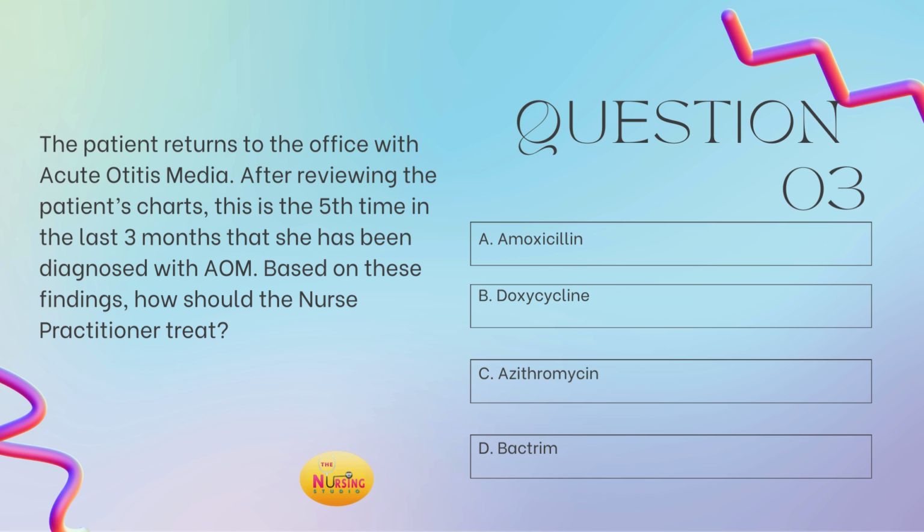When they say recurrent and persistent, if they have three different listed diagnoses of acute otitis media on different occasions within a 6-month span, then you want to go with C, azithromycin.